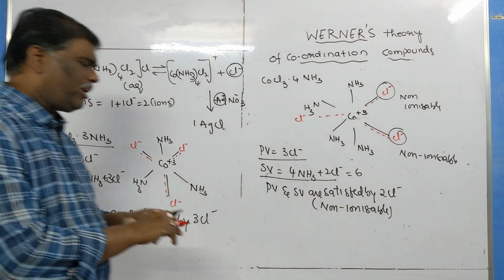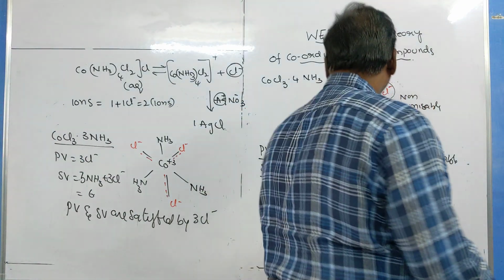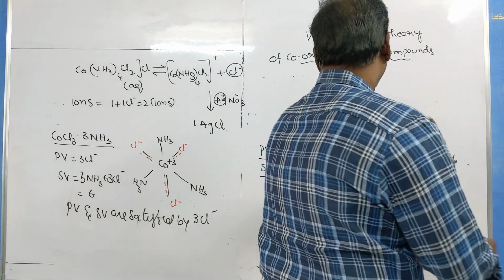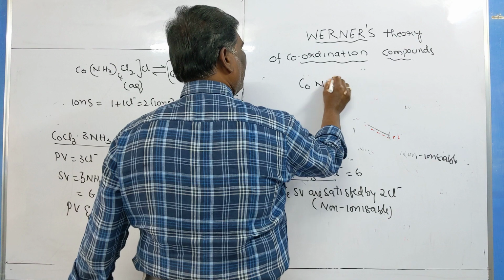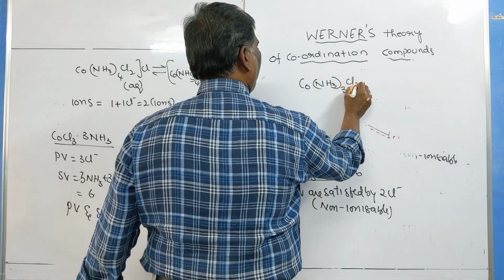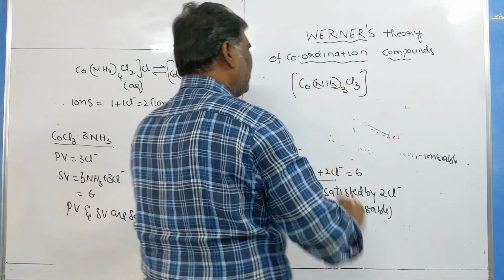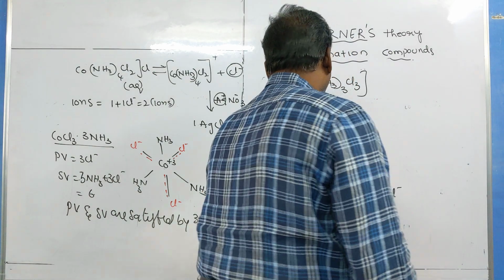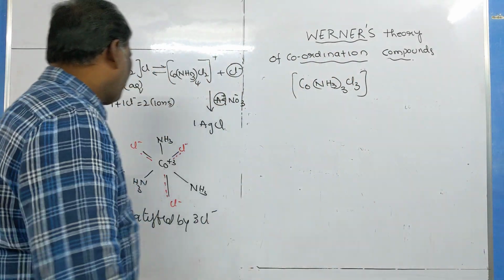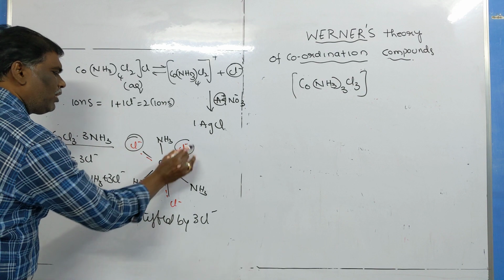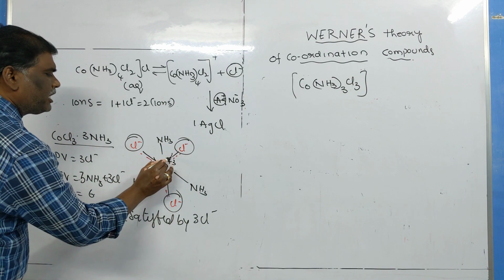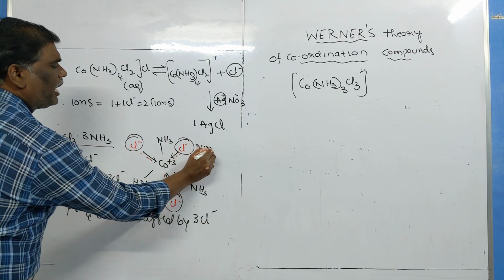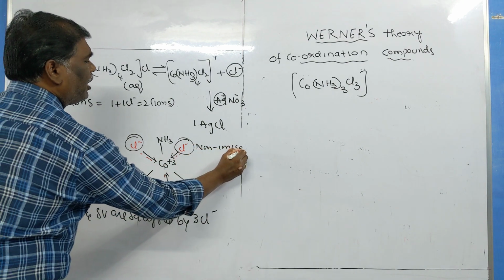Now, the geometry of the complex is like this: [Co(NH3)3Cl3]. In this one, there is no ionizable ion because the 3 chloride ions are involved in covalent or dative bonds. So dative bonded species are non-ionizable.